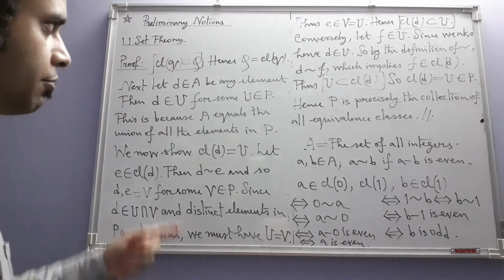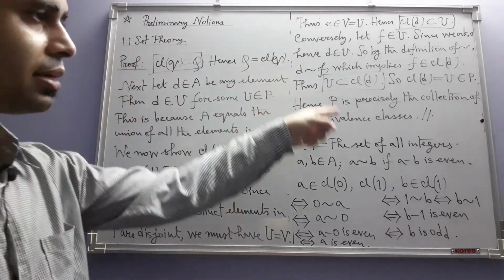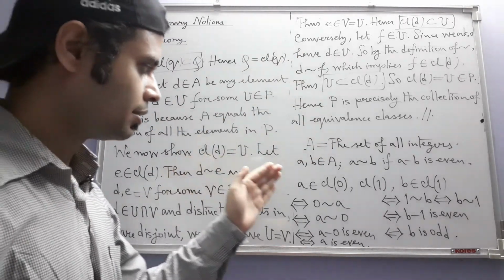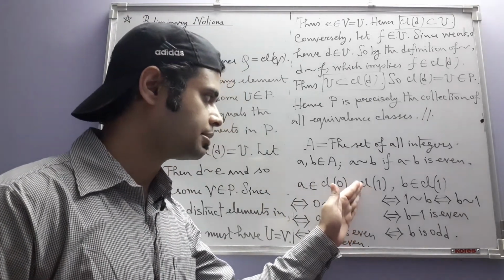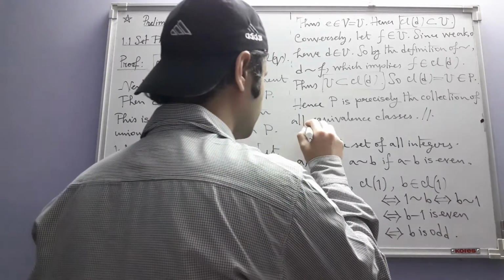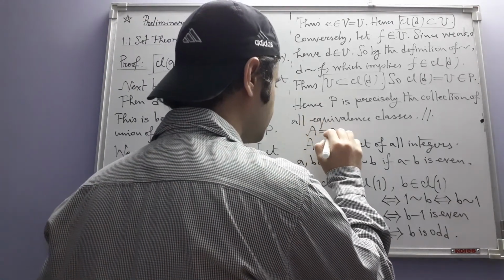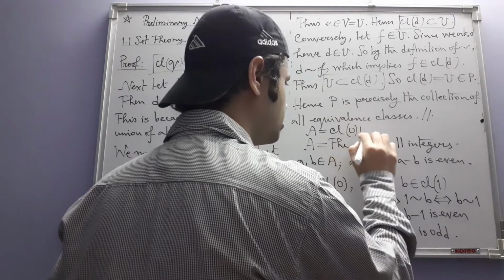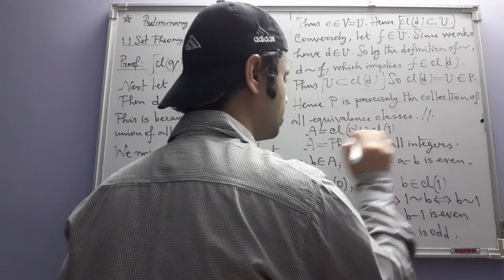Okay. Now from the theorem that we have proved, the union of these two classes is nothing but the set of all integers. So A is equal to class of 0 union class of 1.